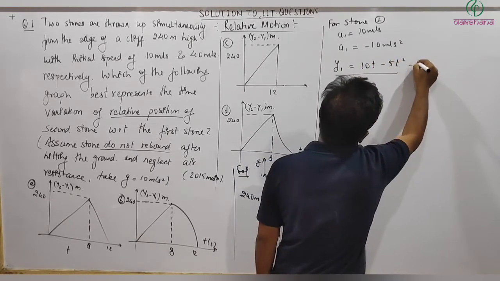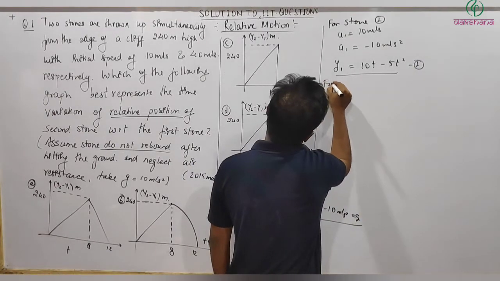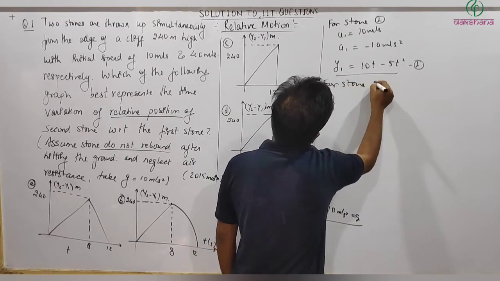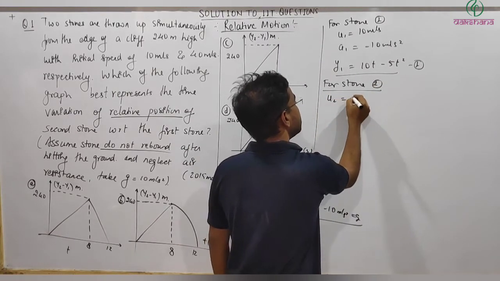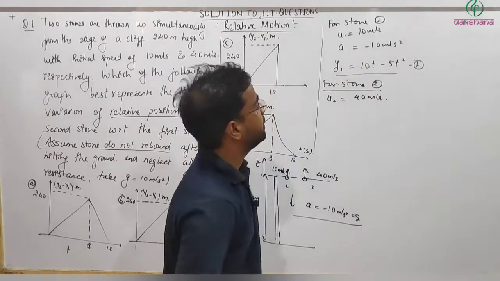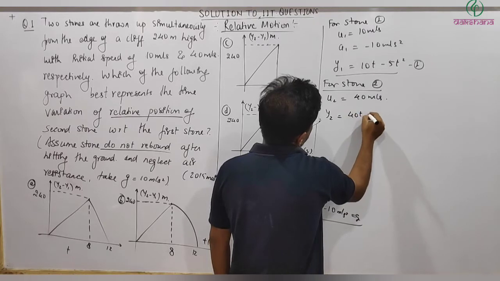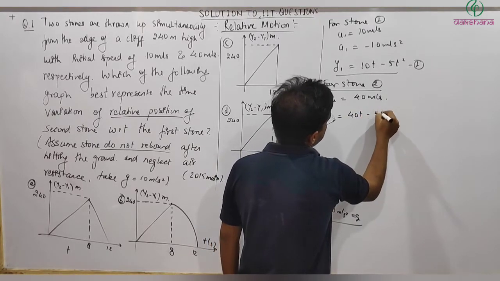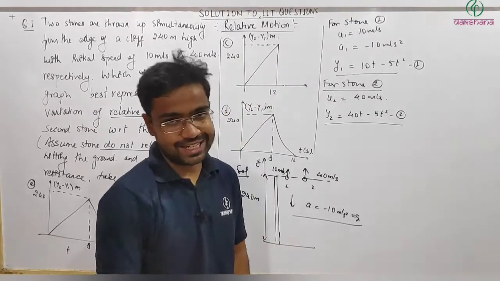This is the position of stone 1 as a function of time. Similarly for stone 2, u2 is 40 meter per second, a2 is the same, minus 10, then y2 is 40t minus 5t square. This is the position of stone 2 at any time t.